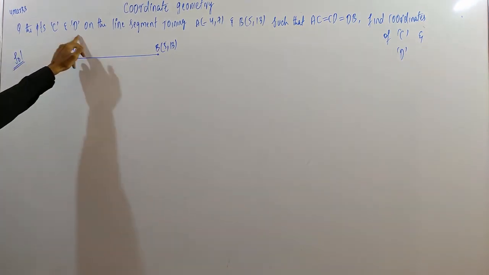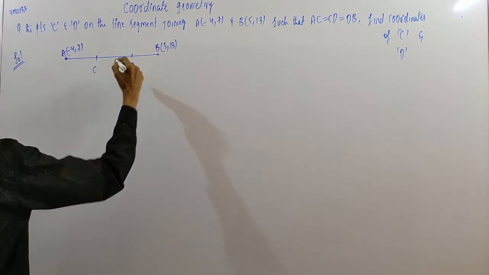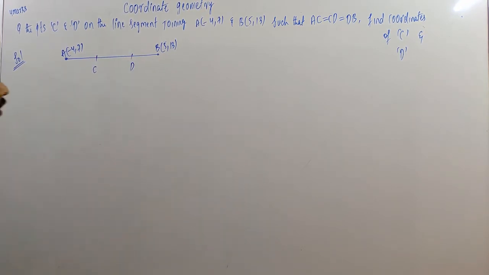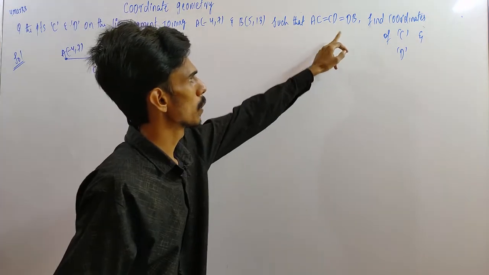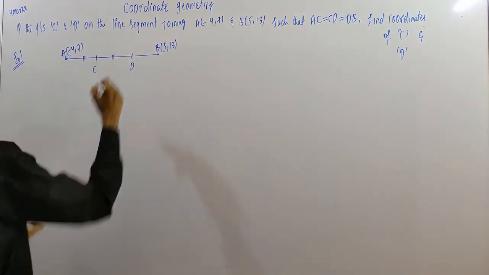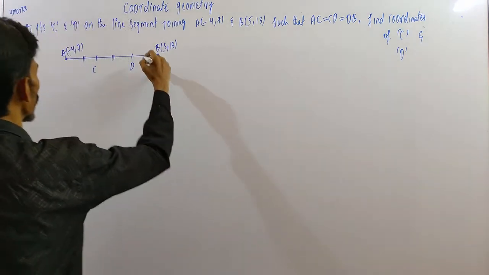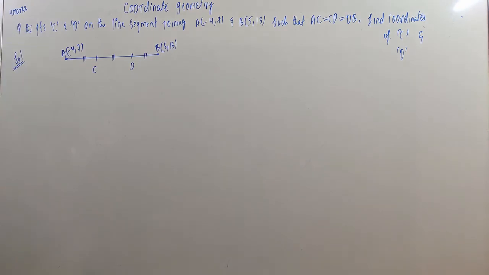The points C, D on the line segment. So we have C, D here on the line. AC equal to CD, equal to DB. This distance is equal to this distance, and this is the same as DB. All these distances are equal.